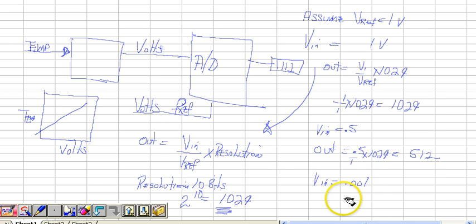So now the output is equal to the smallest step we can read. The smallest step is 0.1024 millivolts. So that's the resolution.